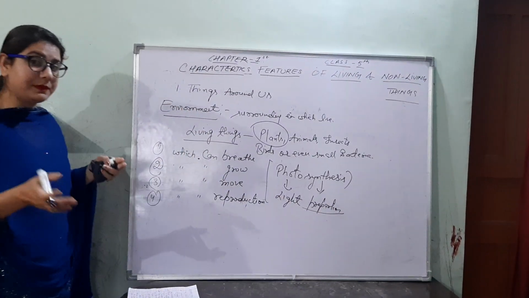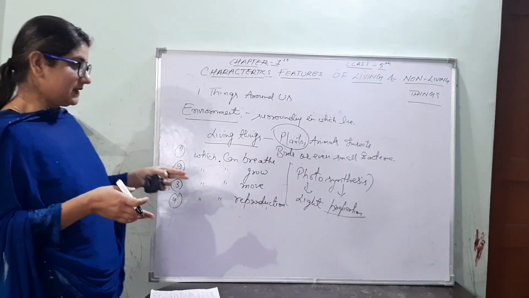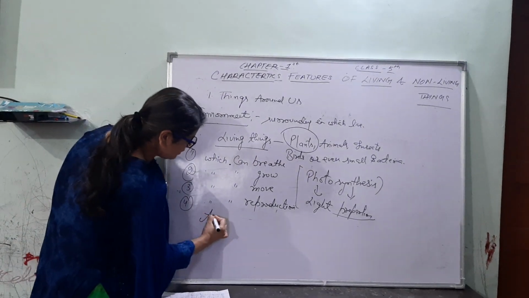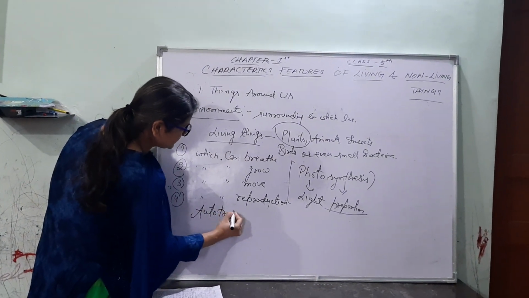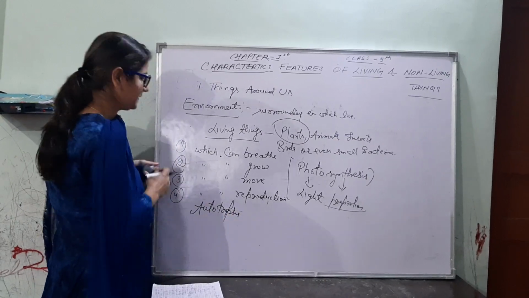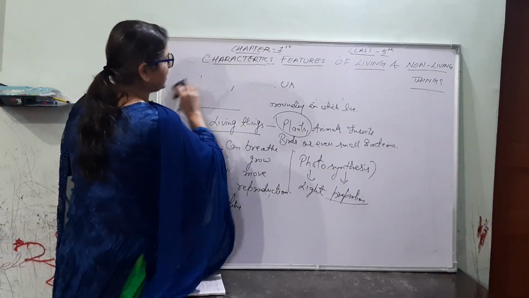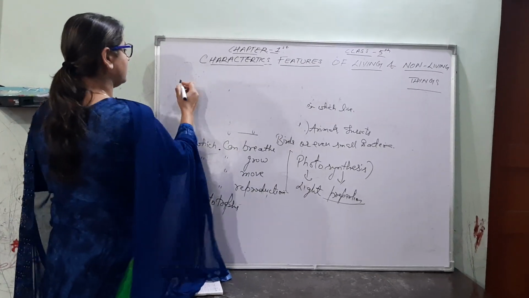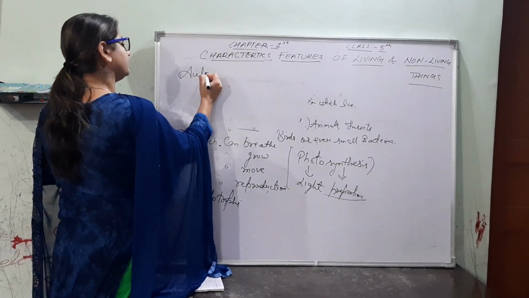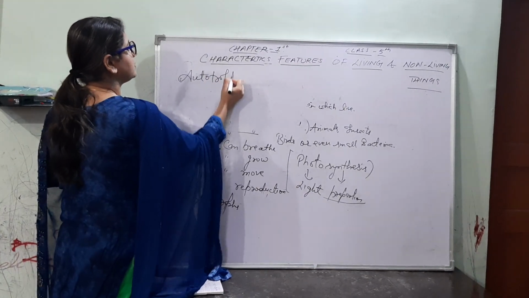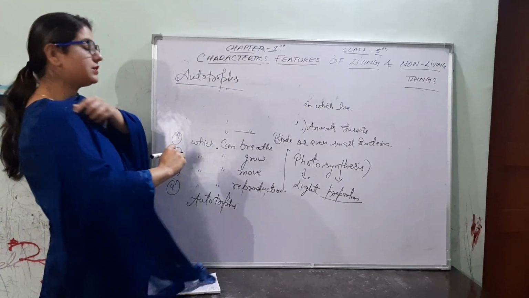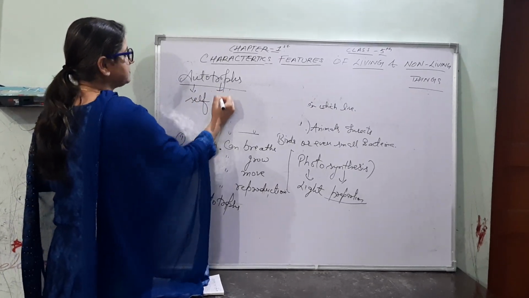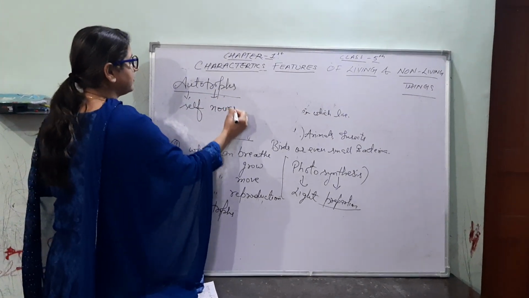So plants, which prepare their own food by the process of photosynthesis, we call autotrophs. Autotrophs: auto means self and trophs means nourishment.